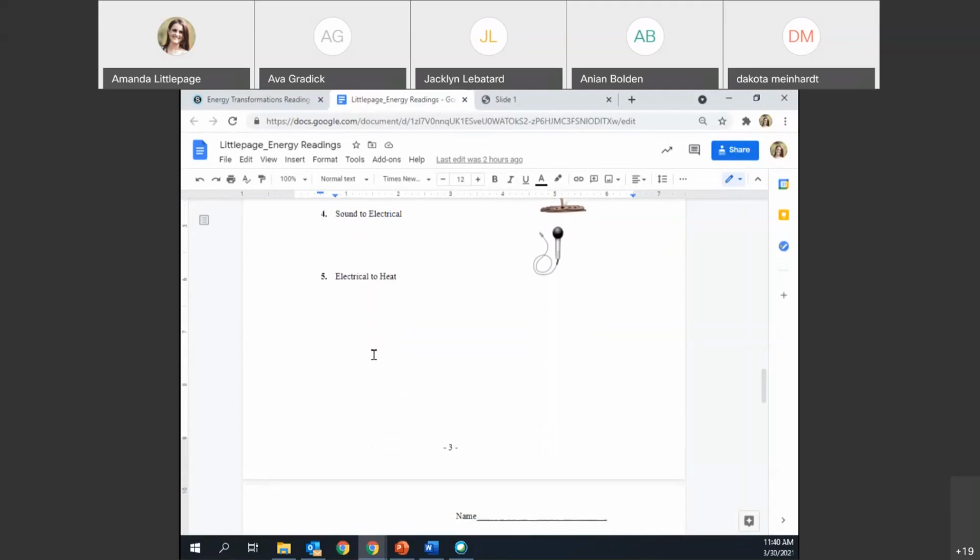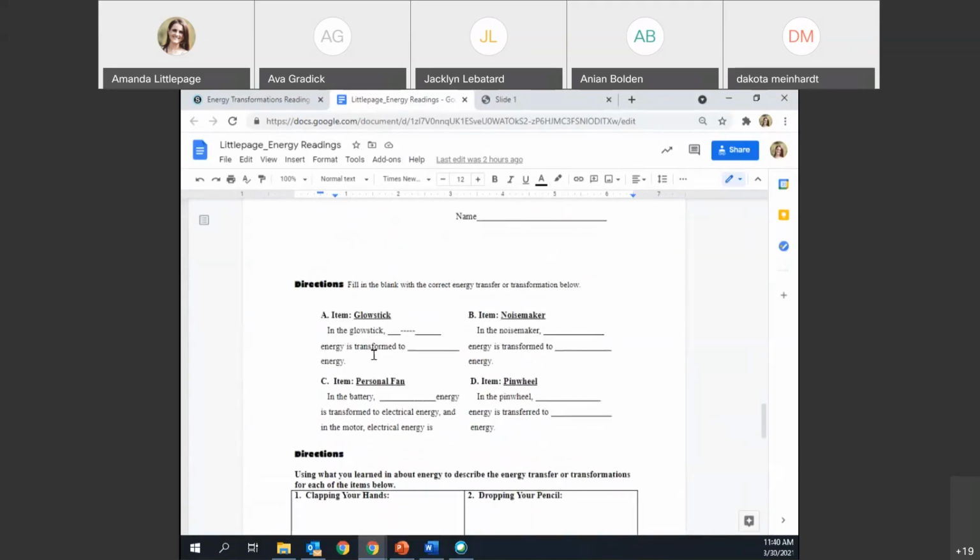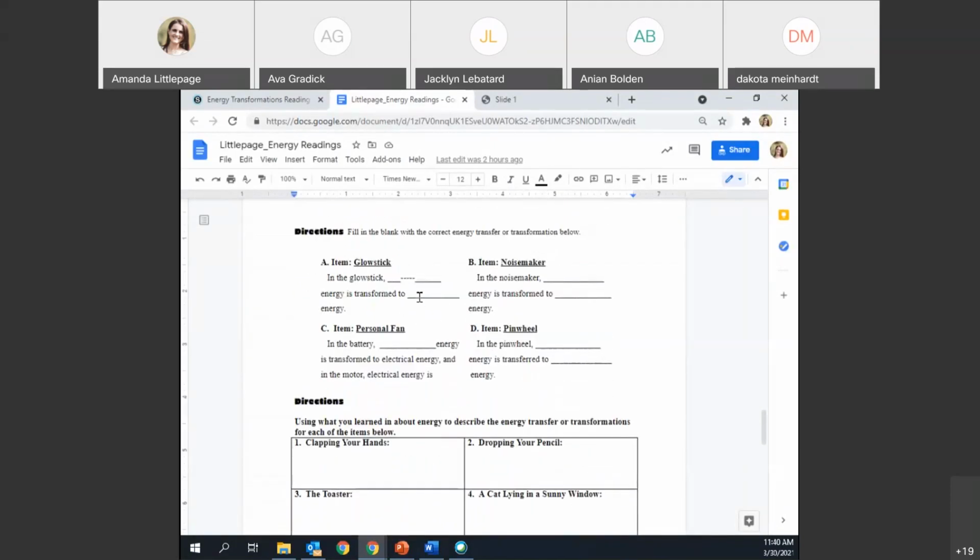After you've gone through this portion right here, same thing here, there's a little fill in the blank. So you're going to be describing the energy transformation in each of these scenarios. For example, the one about the glow stick. In the glow stick, chemical energy is transferred to radiant energy. So I've kind of given you that example right there.